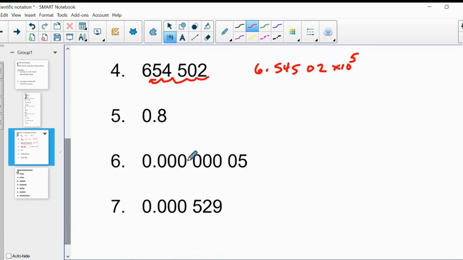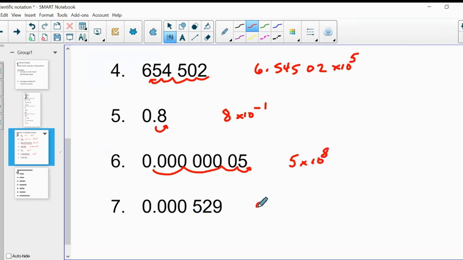Similarly, we do this with numbers smaller than 1. So this would be 8 times 10, but this time we're going to move the decimal to the right, which makes it a negative 1 exponent. This number will be 5 times 10 to the 3, 6, 7, 8 places to get it right there.